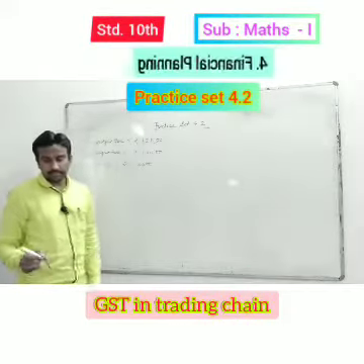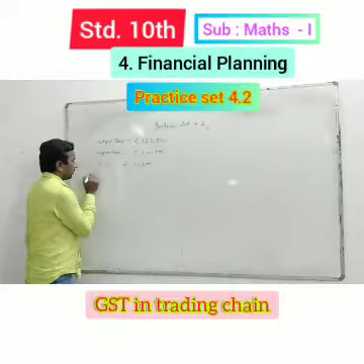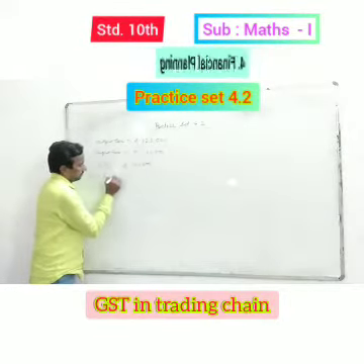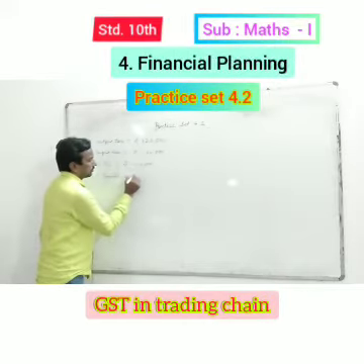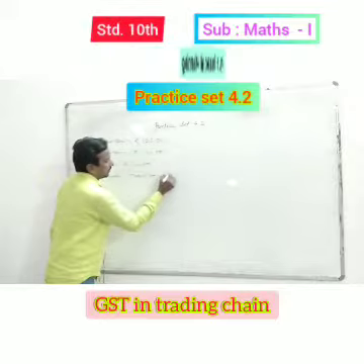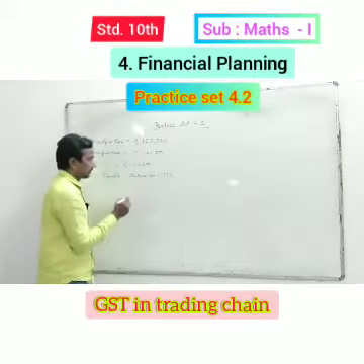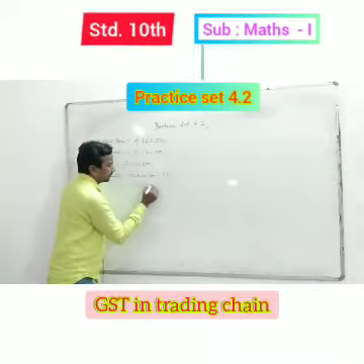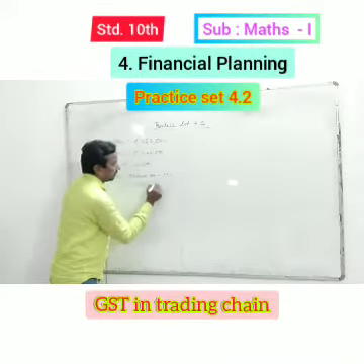Now find the GST payable. The formula for GST payable is output tax minus input tax credit. Output tax is 1,22,500 minus input tax credit 1,500,000.